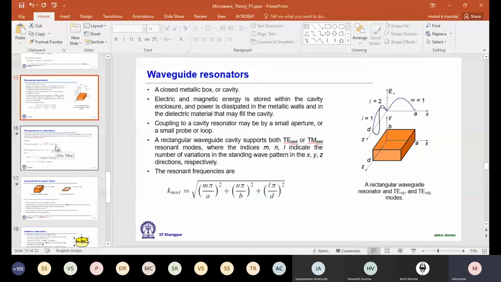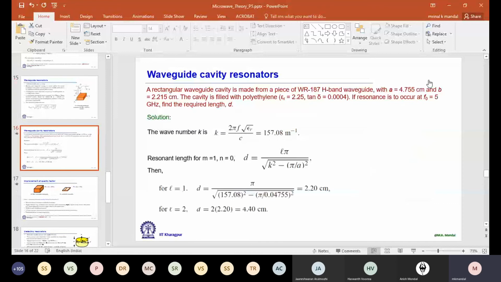Here is one example. A rectangular waveguide cavity is made from a piece of WR187 H-band waveguide. Dimensions are given: a is 4.755 centimeter, b is 2.215 centimeter.